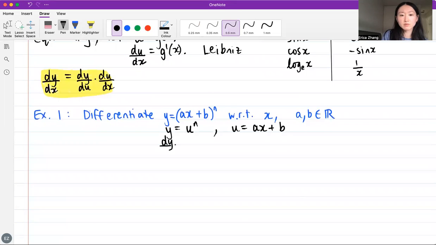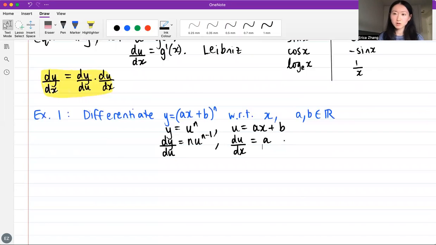So taking the derivative of y with respect to u, we can just apply our normal power function rule, which is n u to the power of n minus 1. And the derivative of u with respect to x is just a, since a and b are constants.